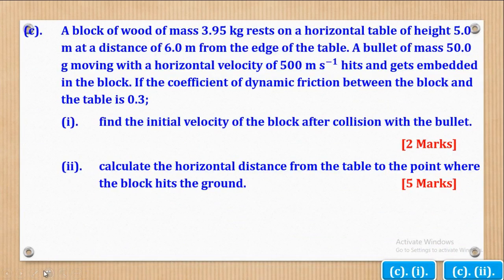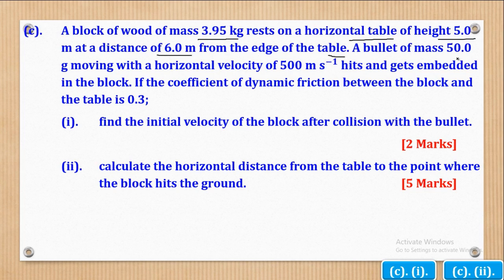Part C says, a block of wood of mass 3.9 kilograms rests on a horizontal table of height 5 meters at a distance of 6 meters from the edge of the table.